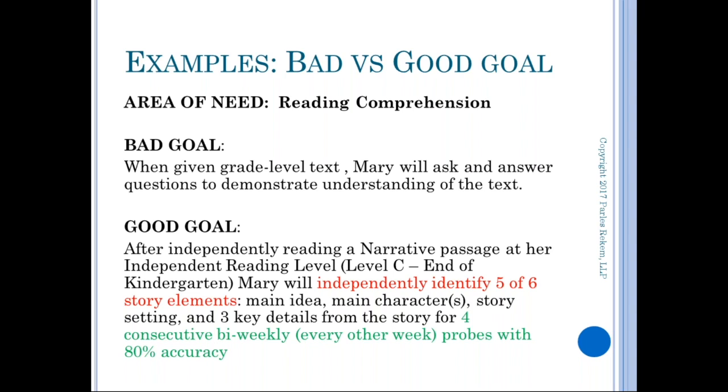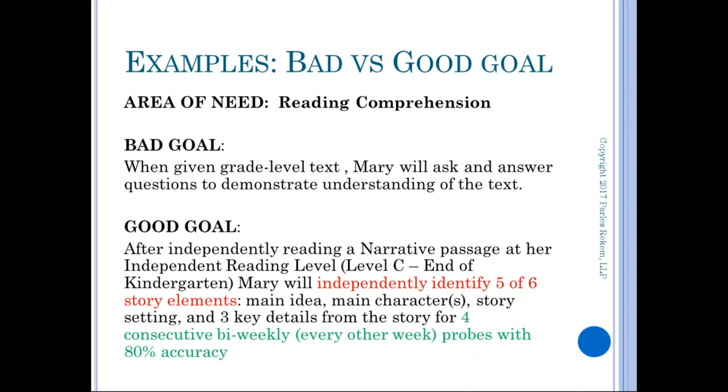We know that the child is currently reading at a level C, and this is imaginary, level C, end of kindergarten. We want the goal to say that after independently reading a narrative passage, not just a grade level text, but a narrative passage, they will independently do X, Y, and Z. And we have the criteria, the 80% accuracy.